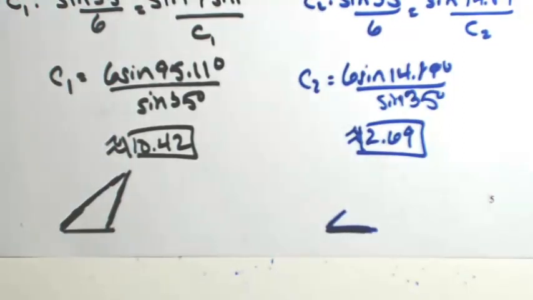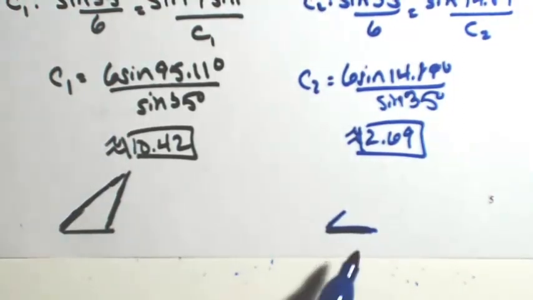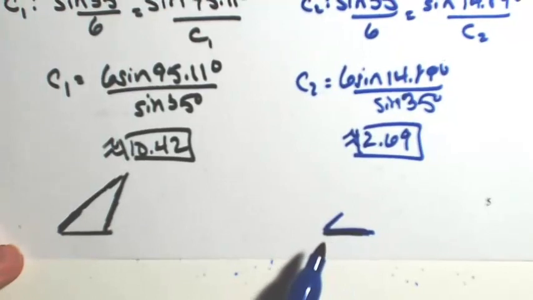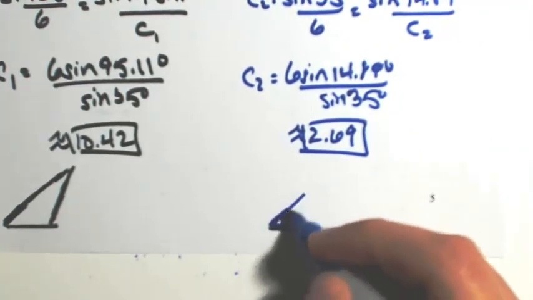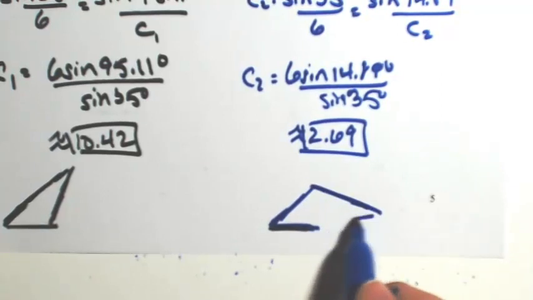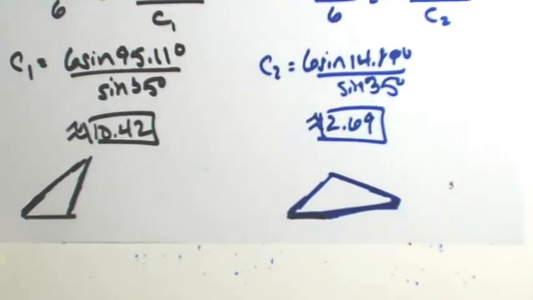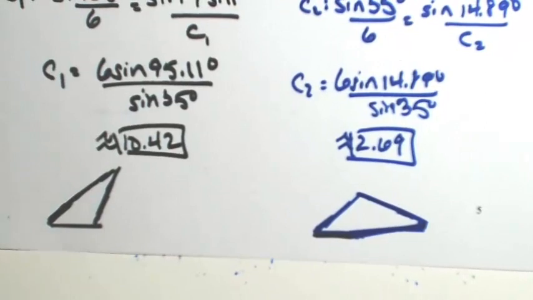Something like that. For the second one, we had B2 is about 130.11 degrees, so it's going to be a lot larger angle. So it's kind of like that. Okay, so that's why there was two possibilities.